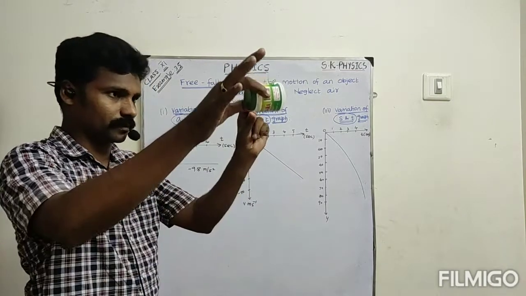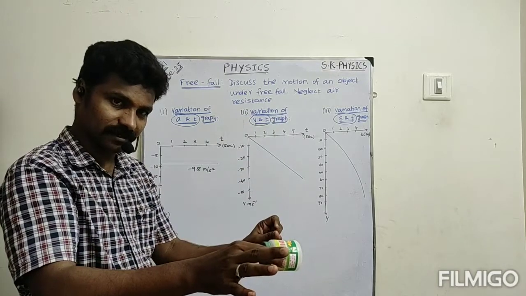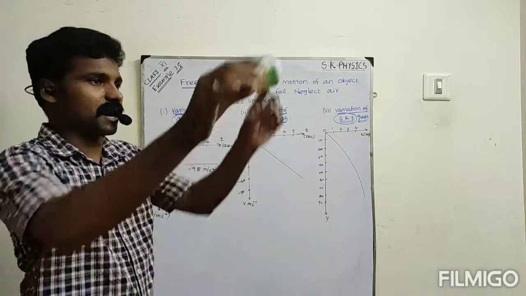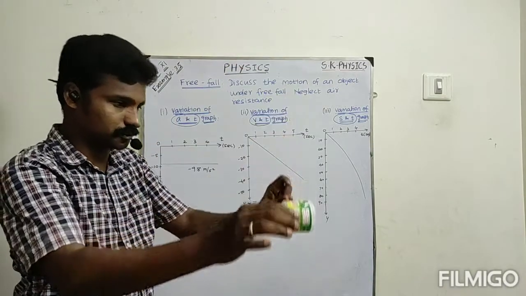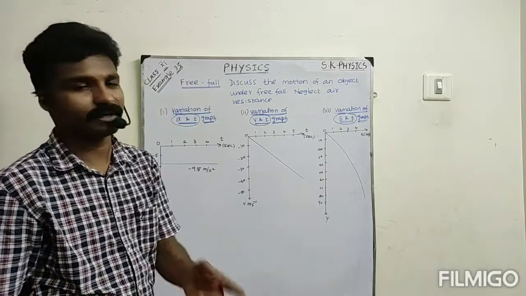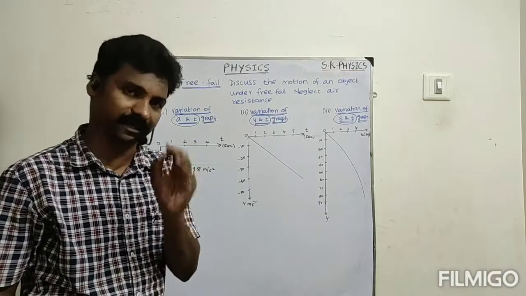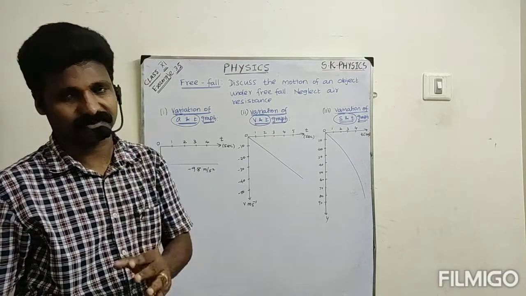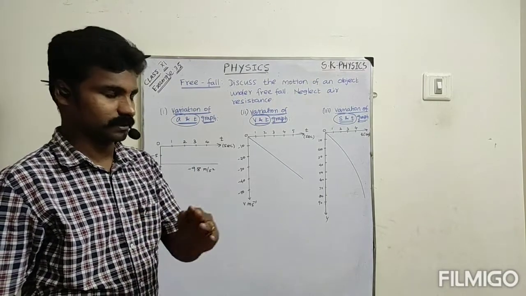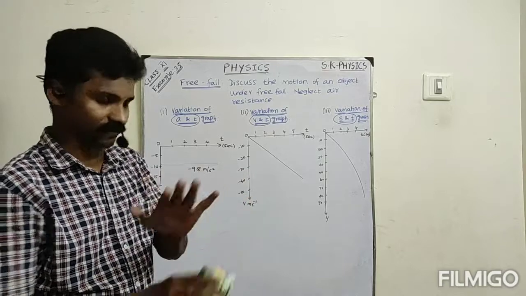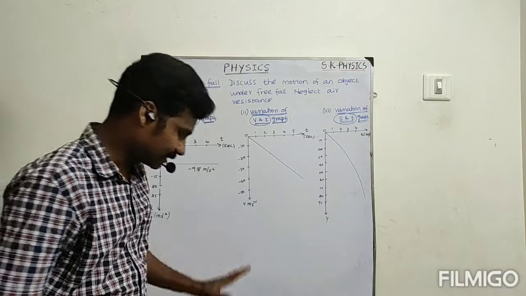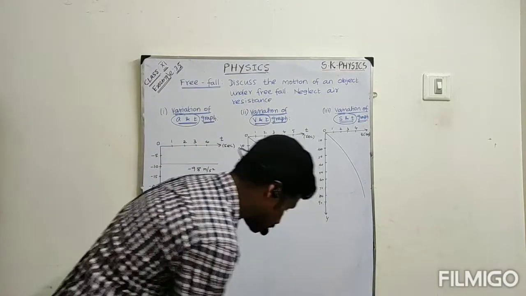After 2 seconds, what is the gravity here? Same, 9.8. After 3 seconds, 1, 2, 3, what is the gravity? 9.8. Because you know that 9.8 meter per second square is constant for our Earth. A little bit of variation is there, but I didn't discuss that. Anyhow, the acceleration due to gravity is constant.